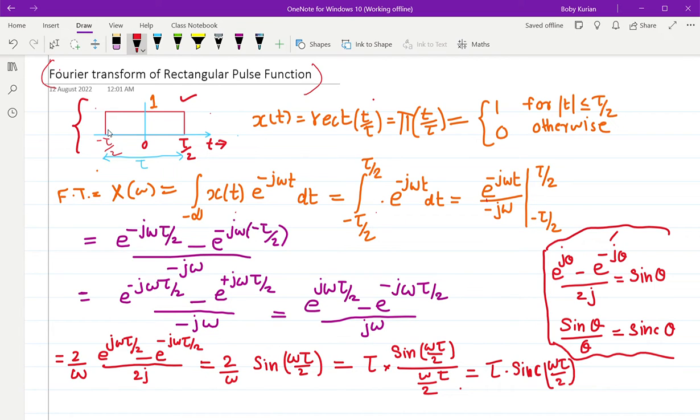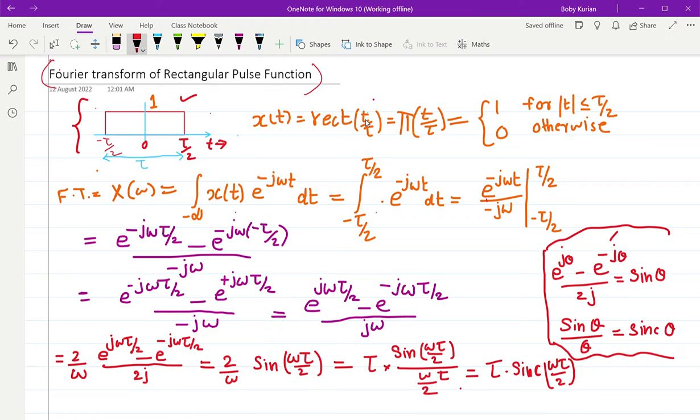So a rectangular pulse having a width of tau and amplitude equal to 1 can be defined as x of t equal to rect of t by tau. This is how it is represented, and the width tau is represented here.